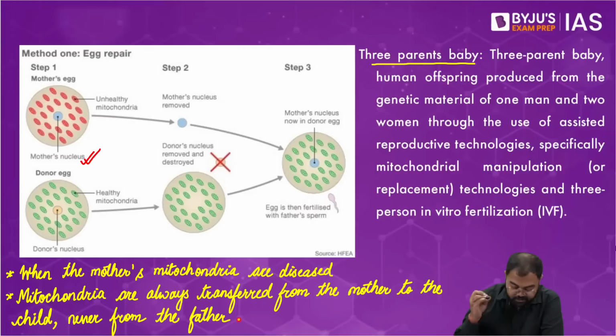All right. So mitochondria are always transferred from the mother to the child, never from the father, and that's why if mother's mitochondria are diseased, then we'll have to use this method.